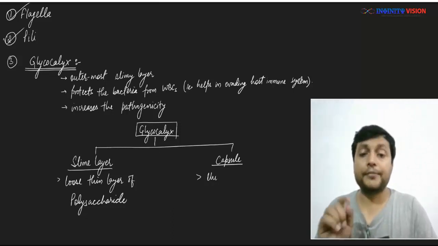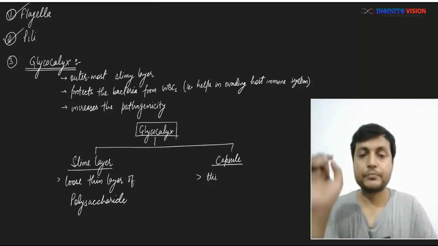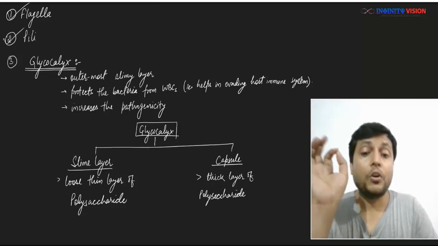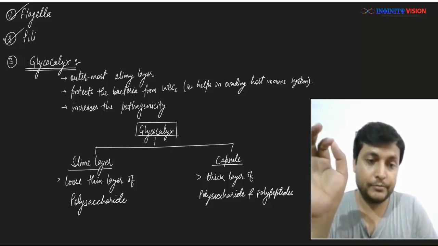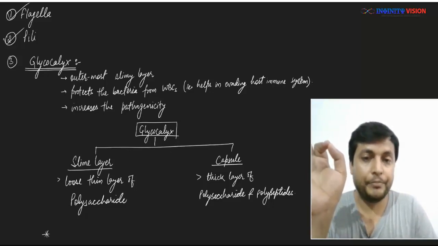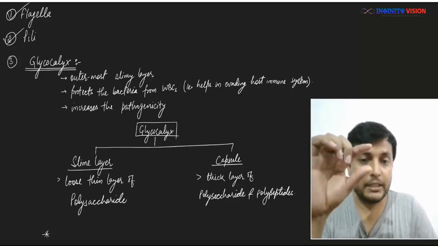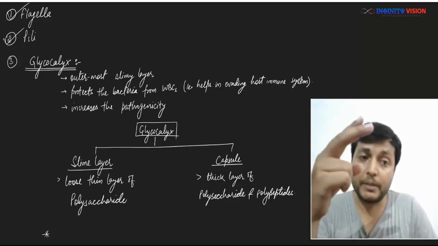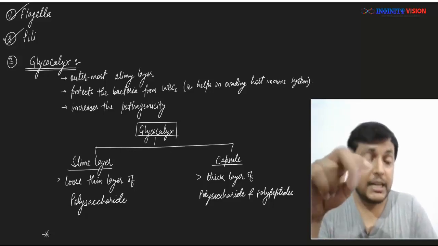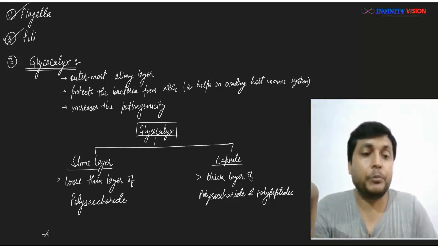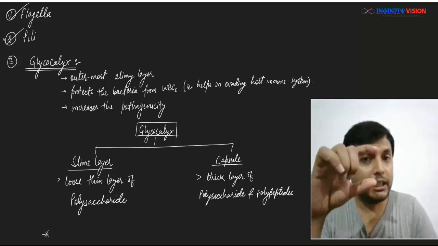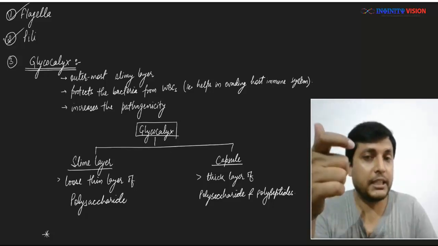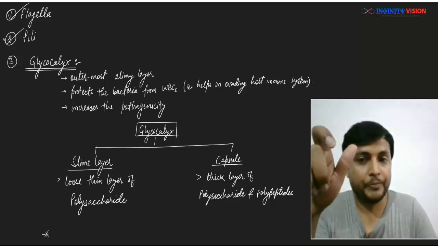In the other case, if it is a thick layer of polysaccharide and polypeptide, then we call it capsule. समझ में आ रहा? So अगर thick layer है और thick layer होगा तो दो चीजों का बना है, पॉलीसैकेराइड एज वेल एज पॉलीपेप्टाइड. पॉलीपेप्टाइड मतलब प्रोटीन्स. ओके, तो थिक लेयर को हम क्या बोलते हैं? कैप्सूल. ये प्रोटीन और पॉलीसैकेराइड यानी कि कार्बोहाइड्रेट दोनों का बना है.